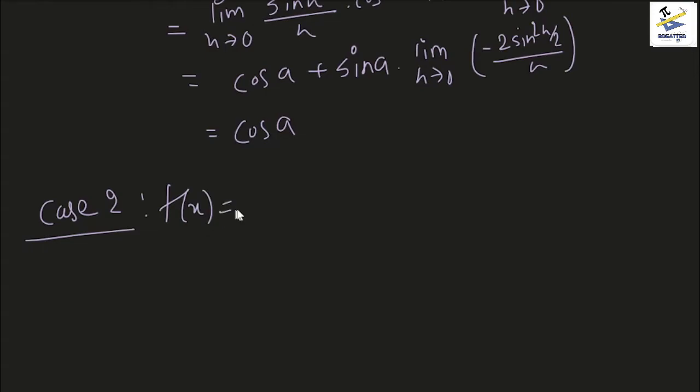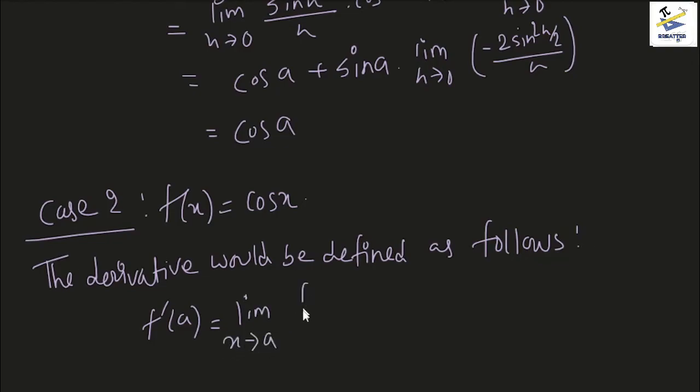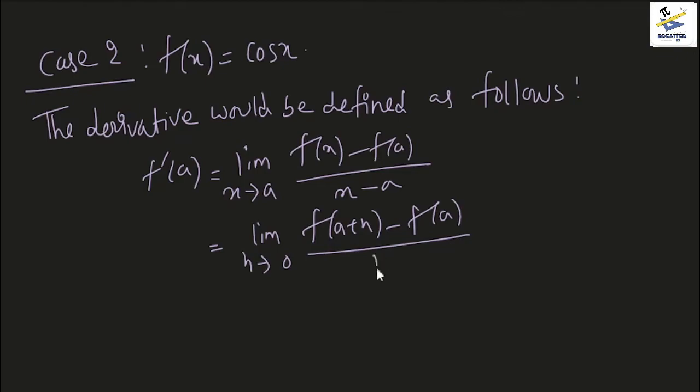So case 2 is, now the derivative would be defined as follows. f dash A would be equals to limit x tends to A, f of x minus f of A by x minus A, from which we can substitute h equals to x minus A to find the new definition which was more useful to us, which is f of A plus h minus f of A divided by h, right?